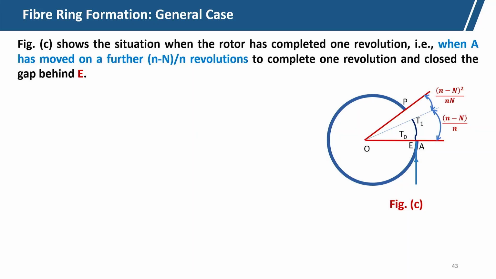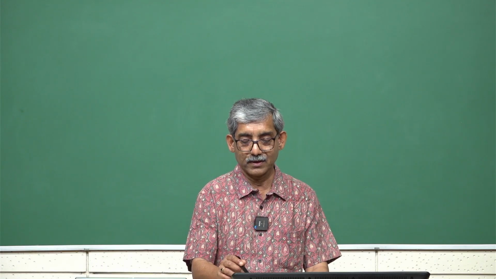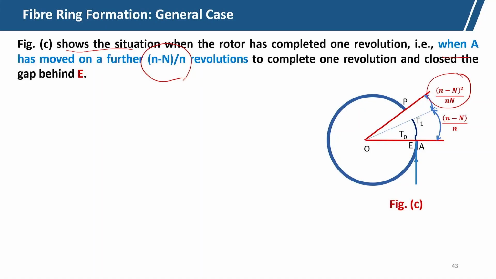Now, similarly, figure C shows the next situation when the rotor has completed one revolution, when point A has moved further by N minus n by N revolution, to complete one revolution. Then the gap will be this one, (N minus n) squared by N n.